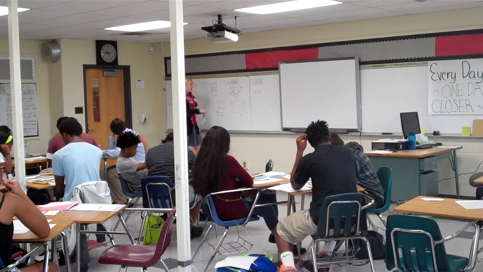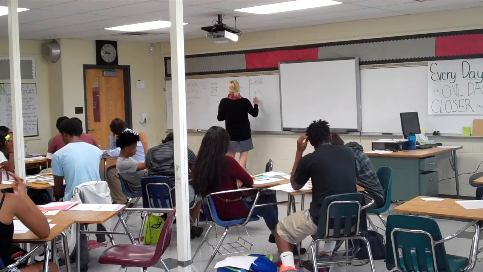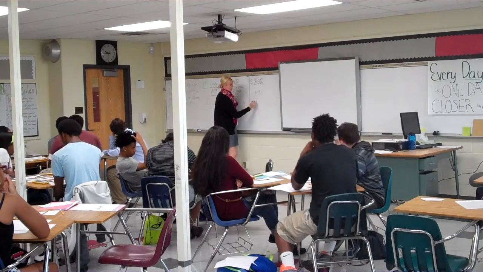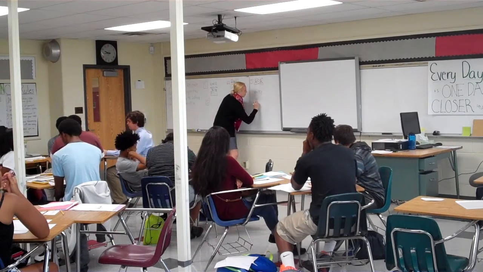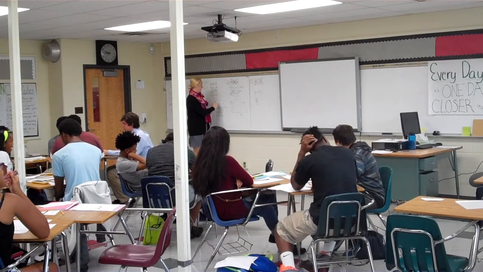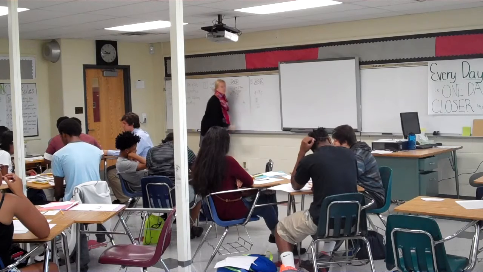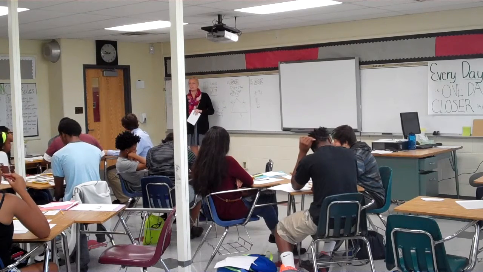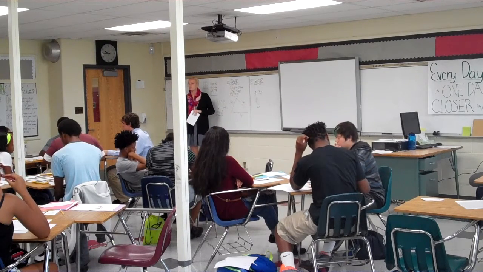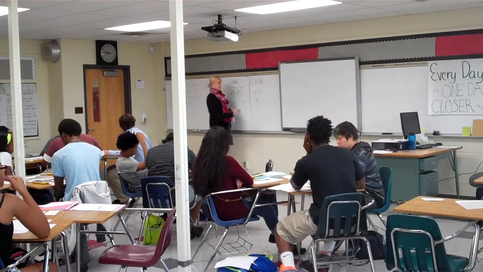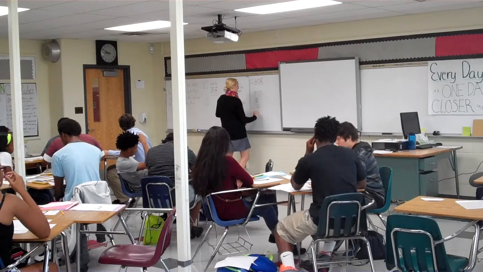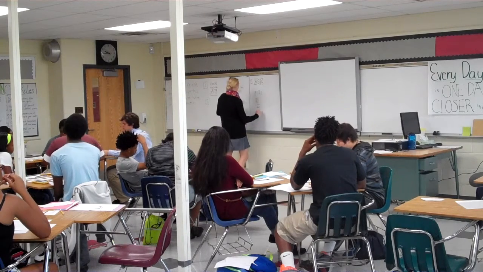So when we set this up, one side of the smaller triangle is 5, and its corresponding side is 60. Can someone tell me what 5 divided by 60 is on a calculator really quickly? 0.083.